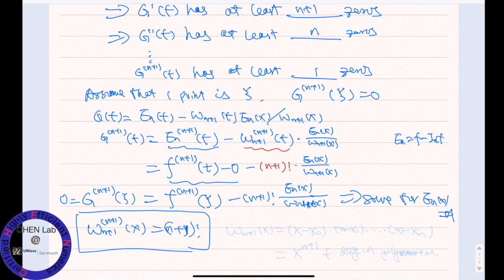The reason is that omega_{n+1}(x) is x minus x0 times x minus x1 times everybody together, right? This is degree n plus 1.